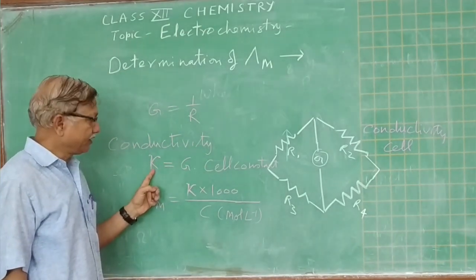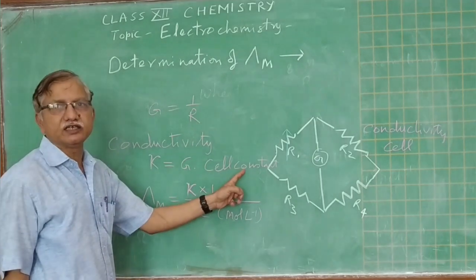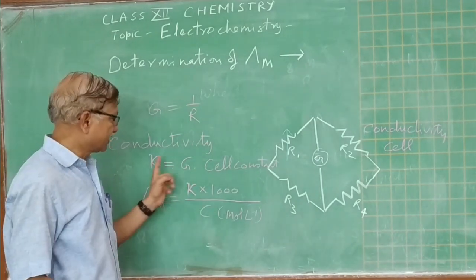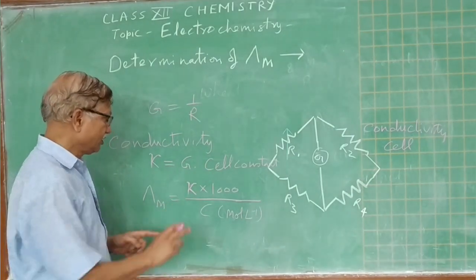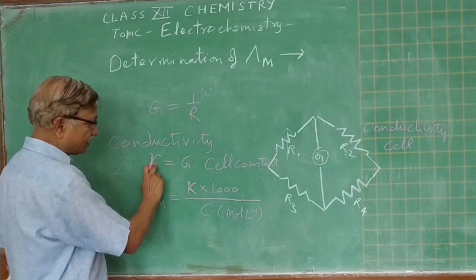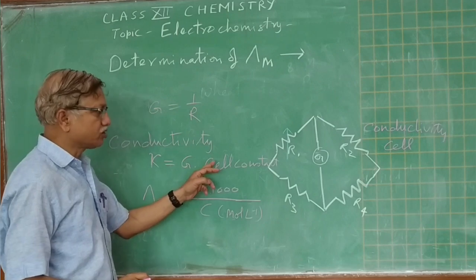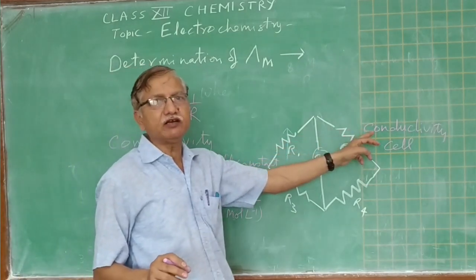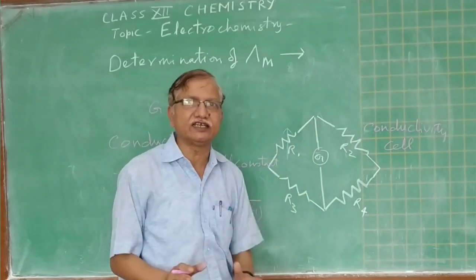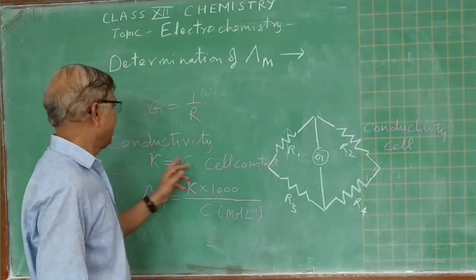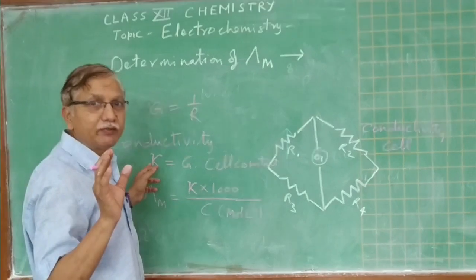Conductivity kappa equals G into G star, where G star is the cell constant. Whatever conductivity cell we use has its constant value that we put here, and we calculate the conductivity kappa.